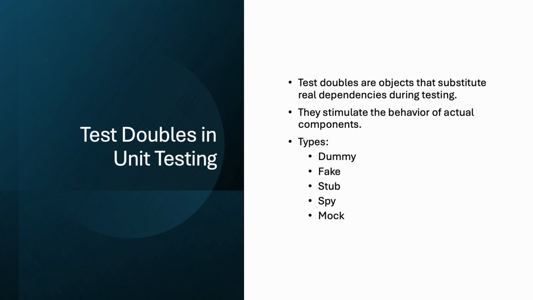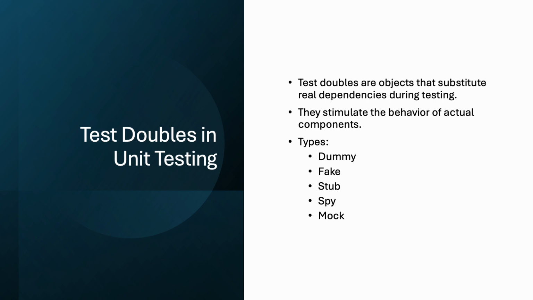The types of test doubles are dummy, which is just a placeholder used to fill in a parameter list but isn't actively used in the test. Fake. It takes shortcuts, like for example, rather than using a full database, we may use an in-memory database.